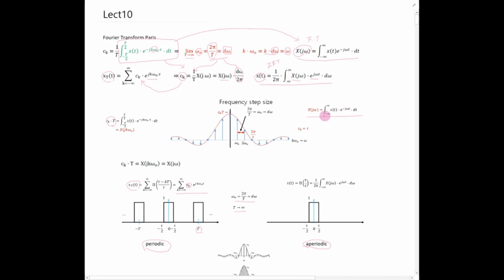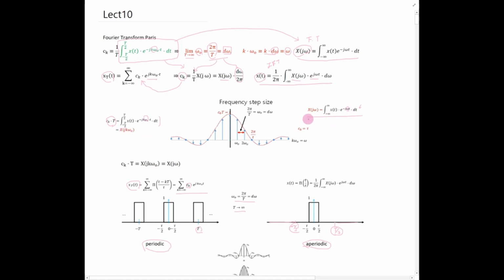But here we take the integration from minus T over 2 to T over 2, while the Fourier transform integrates from minus infinity to infinity. Basically, all the values are 0 outside this range. So this integration is the same as that one, except for the variable k omega 0. We are just integrating with respect to time in both, so it is basically the same integration. The only difference is the frequency term: k omega 0 here, but omega, the continuous version, there.